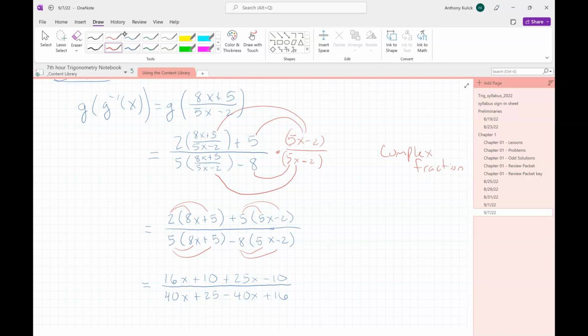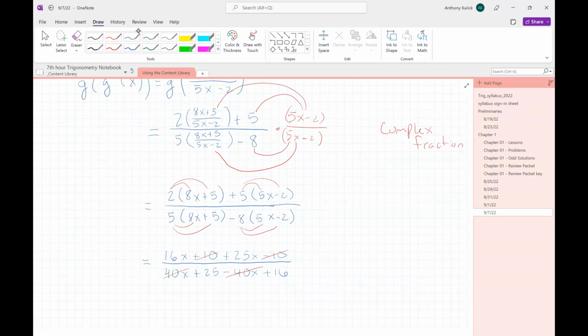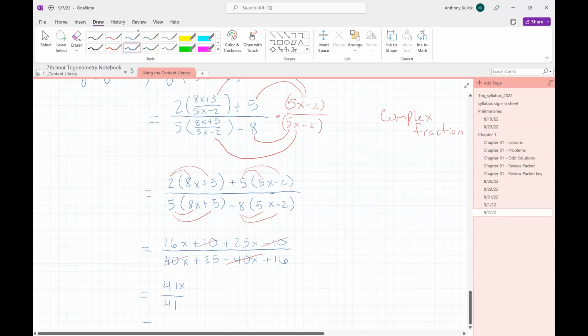And whoa, look at this! When I combine like terms in the numerator, notice that I have a plus 10 and a minus 10. And in the denominator, I have a plus 40x and a minus 40x. Whoa, those are going to cancel out, to give me 41x over 41, which reduces to x.